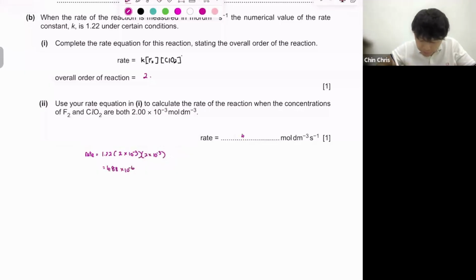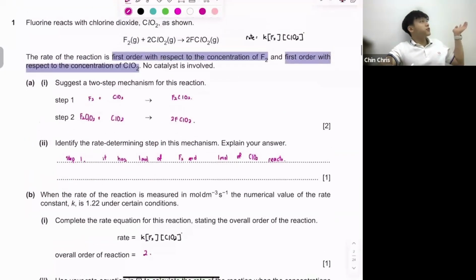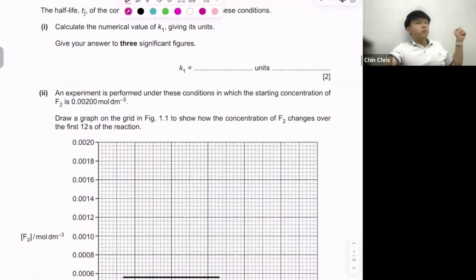Is that right? So guys, you see, it's super easy, right? In rate kinetics, it's a honeymoon chapter, guys. It's really very honeymoon. That's it. You score all the points. Okay, guys, next question. Also not hard. Maybe the bottom graph is hard.